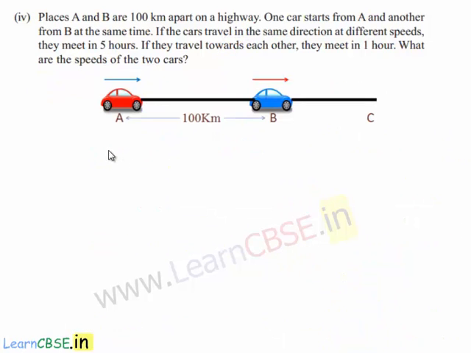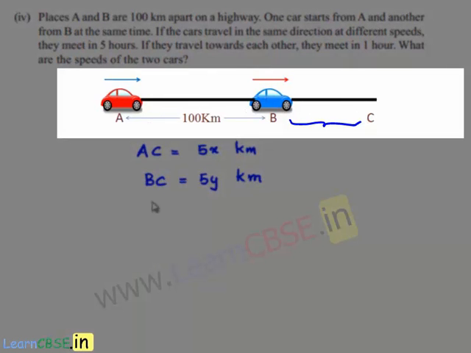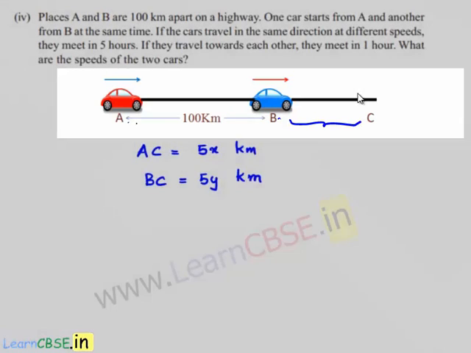Now we can say that the distance traveled by car A is nothing but AC. We got AC as 5x kilometers and the distance traveled by car B is nothing but BC. Therefore we can write BC is equal to 5y kilometers. So by looking at the figure we can write AB plus BC is equal to AC.